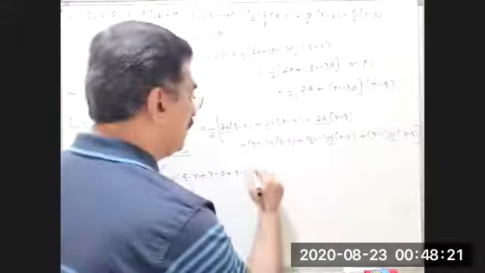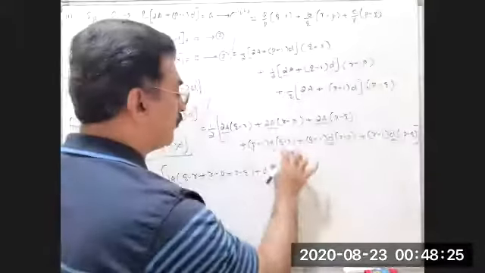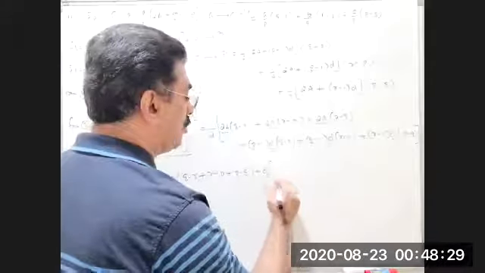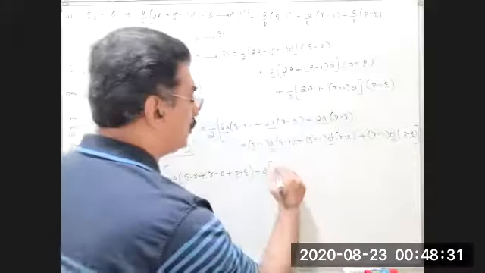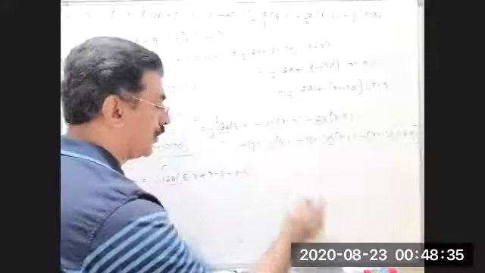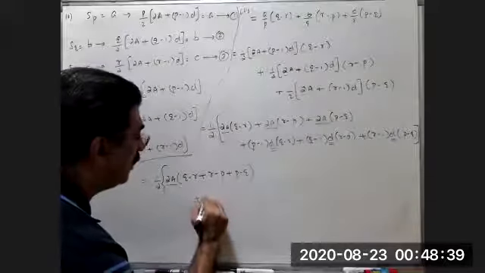So, if we keep that D common, what is left out? Plus D, I am writing next one. Plus, I am keeping that D common.